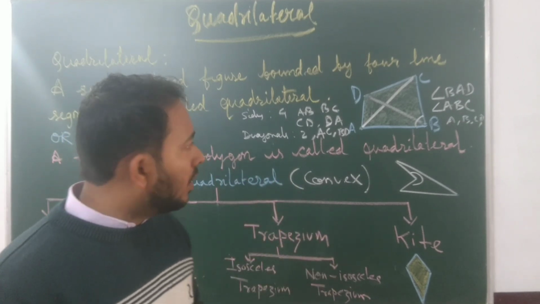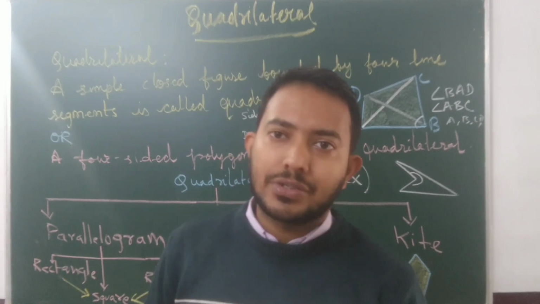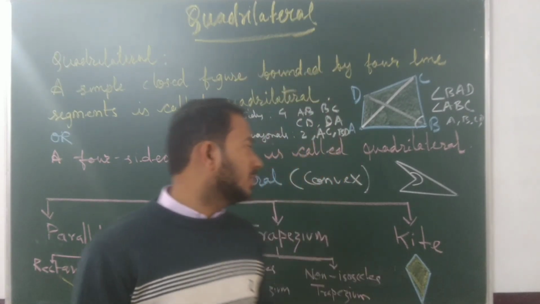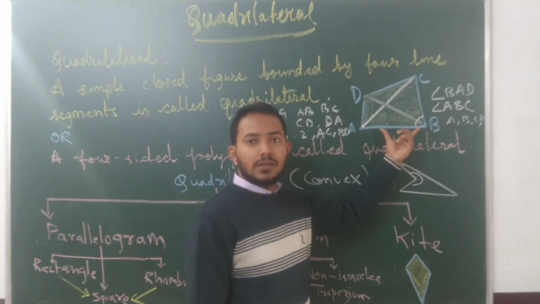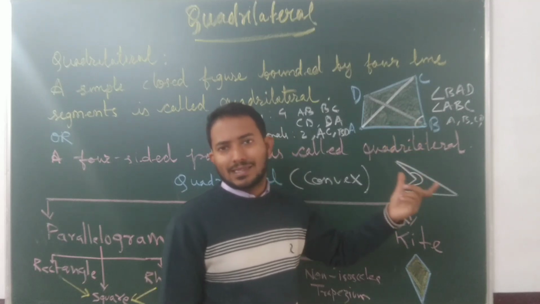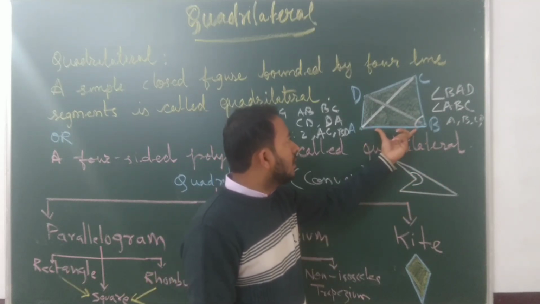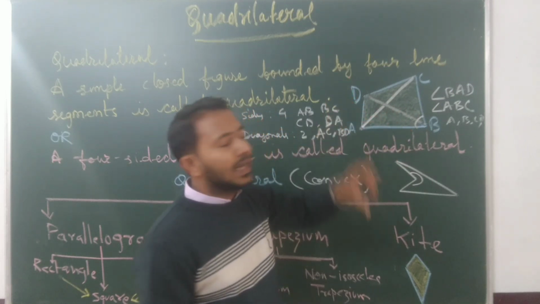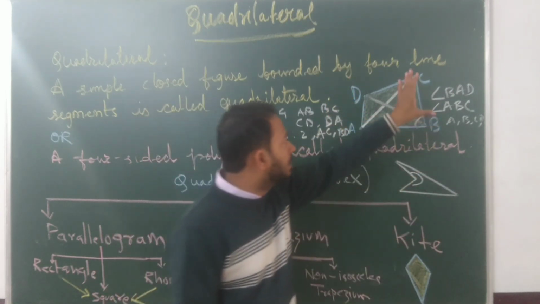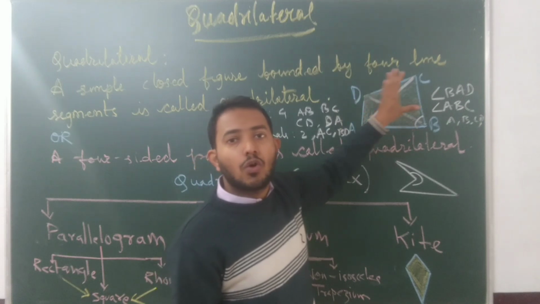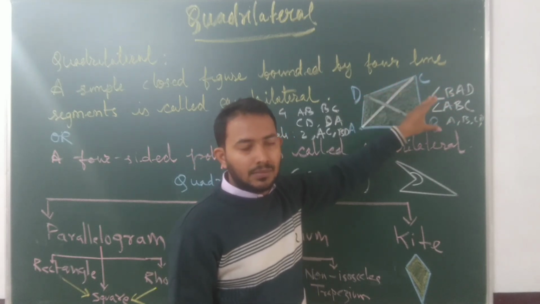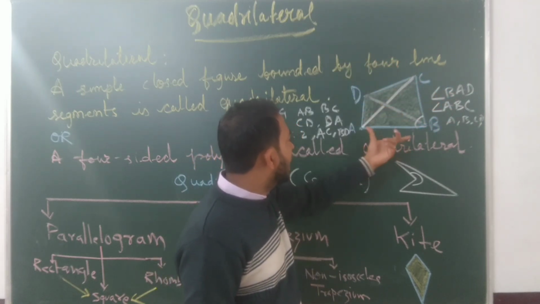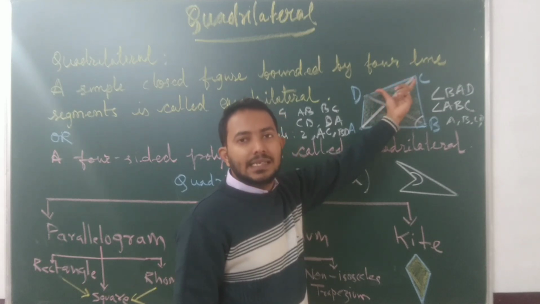Okay. Now we need to know about adjacent. Here adjacent means, if I take AB, for AB how many adjacent sides are there? For AB, BC is adjacent, and DA is also adjacent. But BC and DA are opposite sides. Remember. For AB, the opposite is CD.